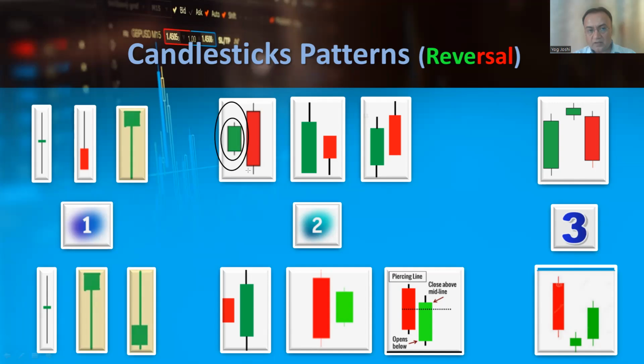So the entire positivity, buying sentiment, confidence, greed is engulfed by fear, bearish sentiment, the red candle. Whenever we see this pattern in the chart, it is a clear indication that the entire bullish sentiment is overcome by negative, bearish sentiment. Sellers are now dominating the trend.